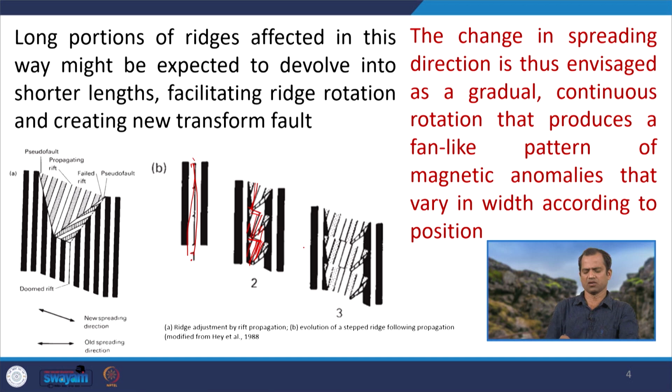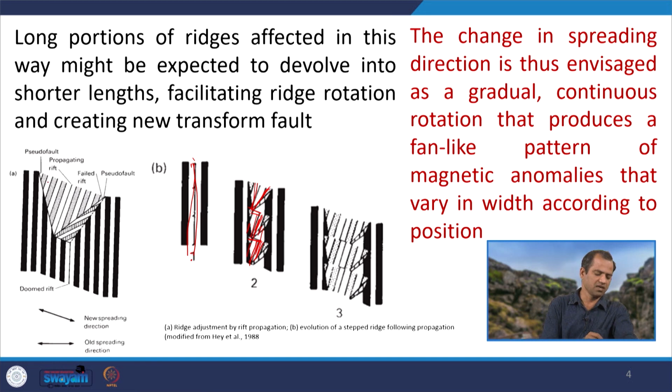So, now if this is the reoriented part, what is happening is that this is again parallel to that. Suppose again it is reoriented, then there will be another reoriented segment. So, finally you are getting a fan-shaped pattern, that means gradually rotating from its original orientation, fan-shaped magnetic lineations are developed. But what is happening here?